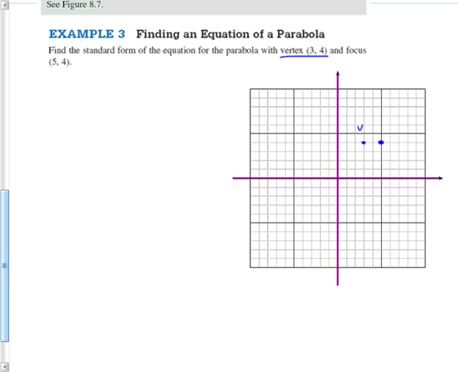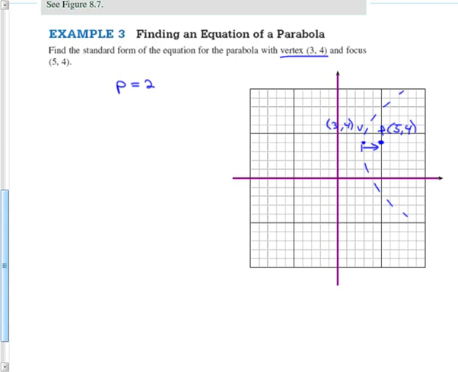So here's my vertex, which is 3, 4. And here's my focus, which is at 5, 4. Well, I already know it must be a parabola like that. And I know my p is what? p is a positive 2. The distance between the vertex and the focus is 2, and it's to the right.